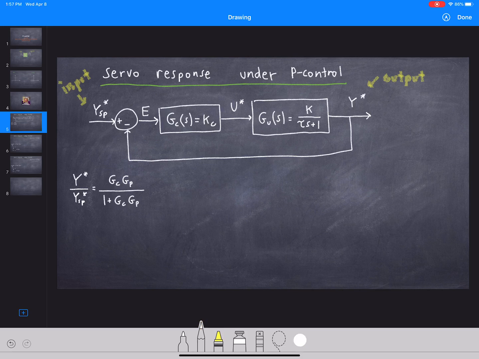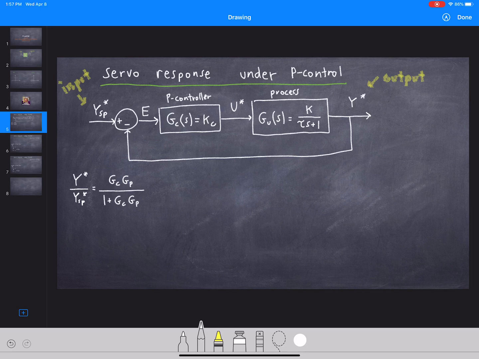And then we have a P controller right here. And the P controller outputs a manipulated variable based on the error signal. And then this manipulated variable, in turn, through the process, influences the controlled variable. And let's, for the sake of simplicity, consider a first order process. So we're considering a specific process.